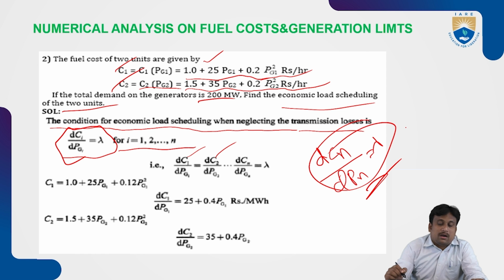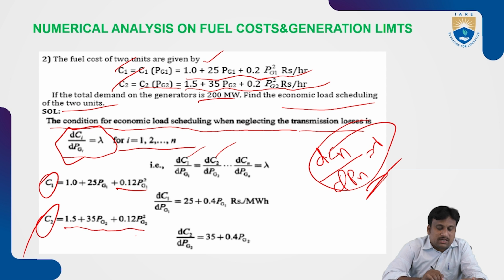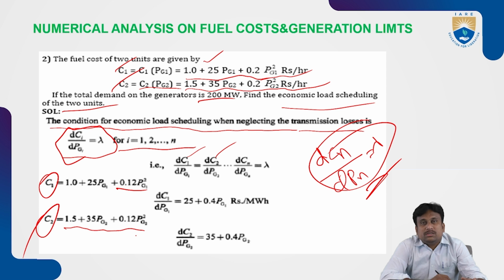So here the fuel costs are given, where C1 is 1 plus 25 PG1 plus 0.12 PG1 square, and C2 is 1.5 plus 35 PG2 plus 0.12 PG2 square.